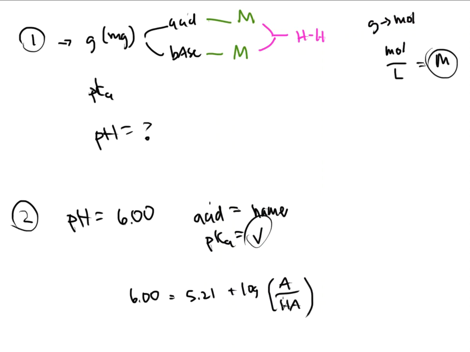This is a different type of equation because the numbers that you're solving for here is the molarity of A and the molarity of HA. You'll have to subtract the pKa from each side. You'll have to inverse log that number. That will give you A and HA, which are two variables, and those two variables will have to be simplified in terms of each other.